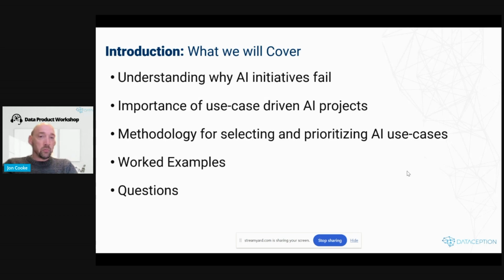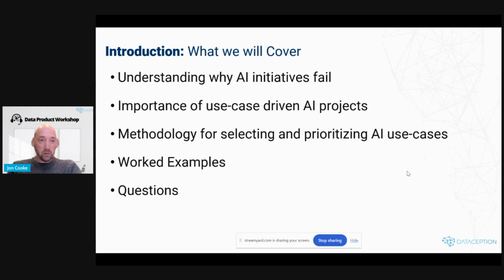We'll cover the importance of starting with use cases and having use cases drive AI projects, not just data. We'll also talk about a methodology for selecting, prioritizing and valuing AI use cases, which is really important. We'll go through that whole process with AI and data products, go through a couple of work examples, and then take questions. Hopefully this will be interesting and something a bit different.